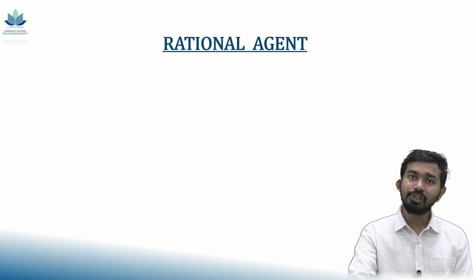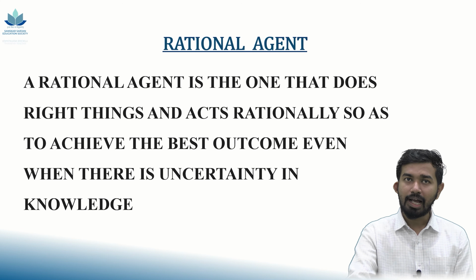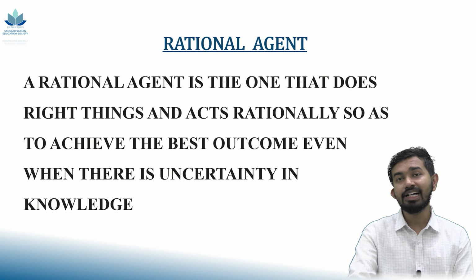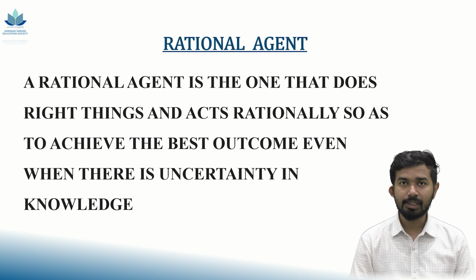Now let us discuss the rational agent. A rational agent is one that does the right things and acts rationally so as to achieve the best outcome, even when there is uncertainty in knowledge. Let us have one example.